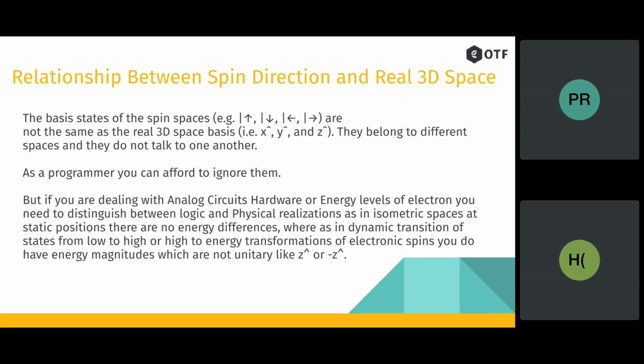And as a programmer, we can afford to ignore the directions and all that because we are only doing logical work. So when we do logical work, it's okay. We can afford to ignore them, but the analog circuit hardware people who are working with energy levels of the sub-electron have to distinguish between logical and physical.